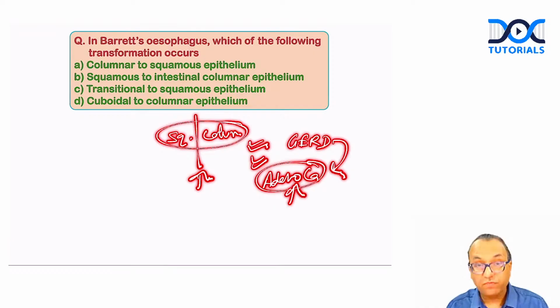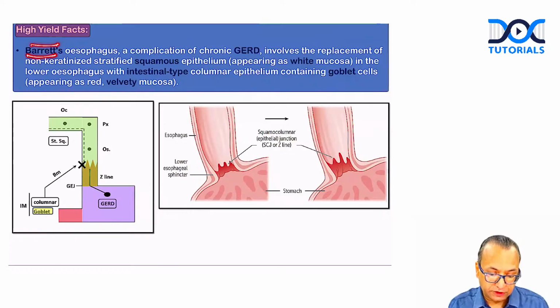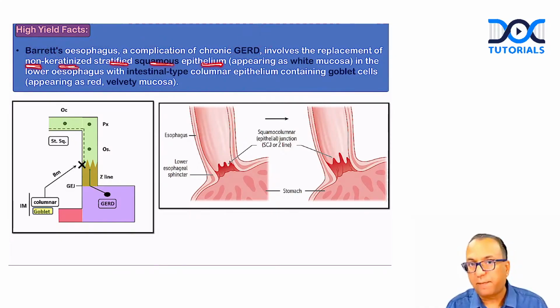Barrett's esophagus is a complication of gastroesophageal reflux disease, and it replaces the non-keratinized stratified squamous epithelium, which is normally present in the esophagus and appears as white mucosa, with red velvety mucosa.